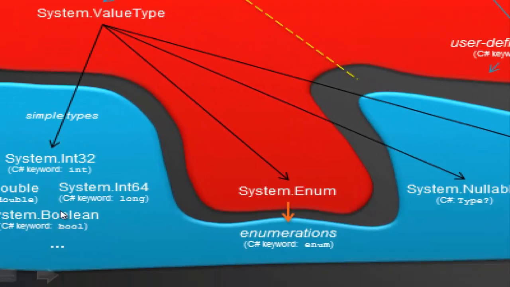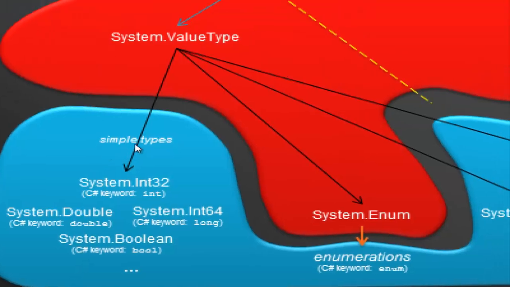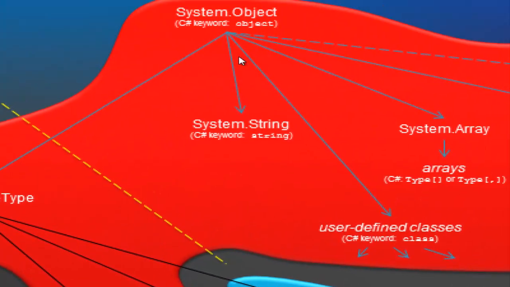All the value types that you are creating, that is the double, boolean, int, whatever data type that you are thinking of using, they all inherit from system.value type. So there is an implicit inheritance, and this system.value type in turn inherits from system.object.